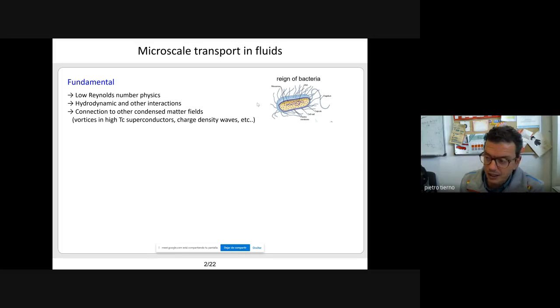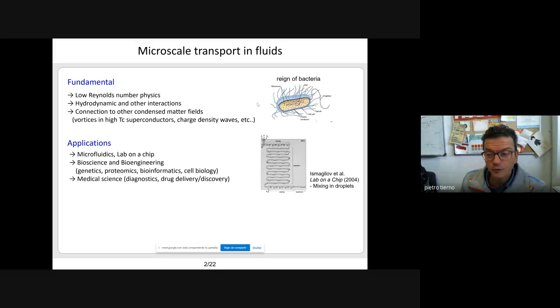So investigating the transport of matter at the microscale is important first from a fundamental point of view, because it will help us gain more insight into these systems, but also from the application point of view. As you probably know, there is a lot of technological interest in developing new lab-on-a-chip technology, where you can shrink the size of an entire chemical laboratory into a single chip.